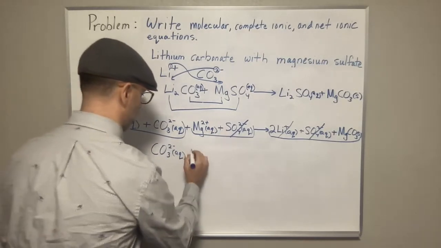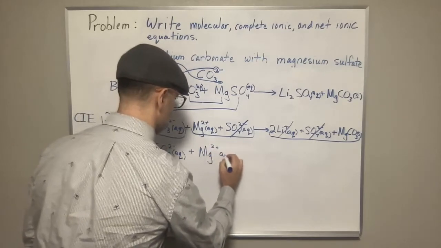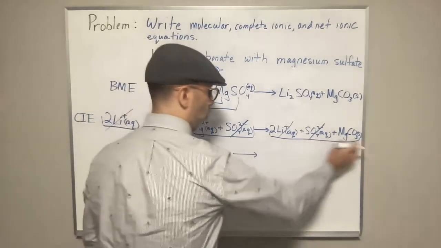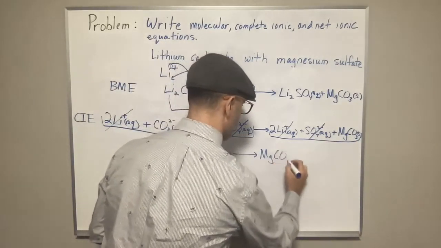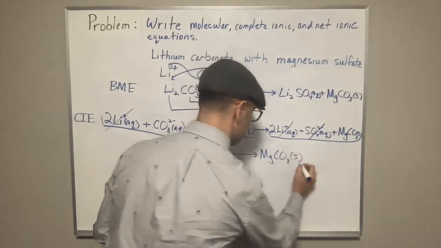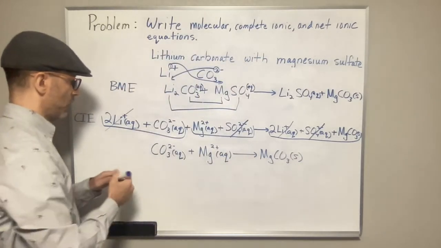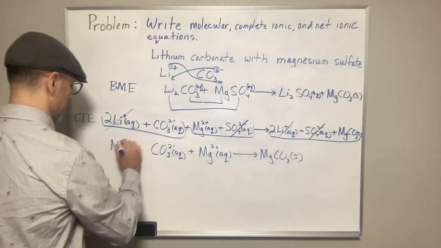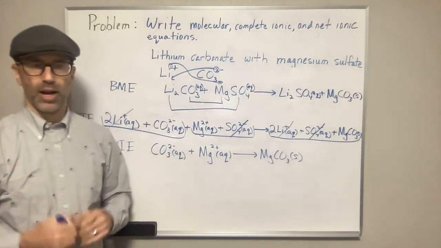You have your magnesium, so plus Mg 2+ aqueous, and then you have your solid MgCO3 solid, and there you go. So this would be your net ionic equation.